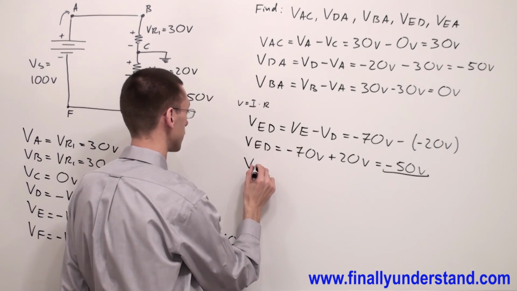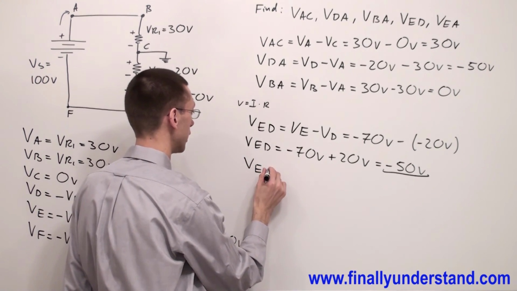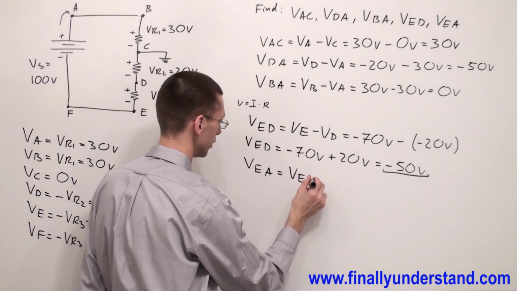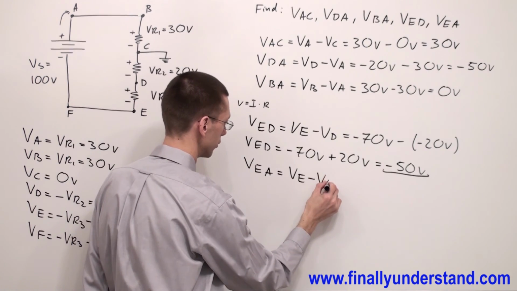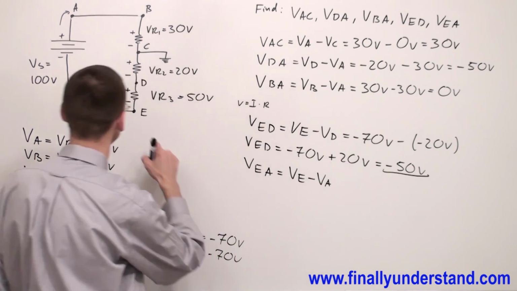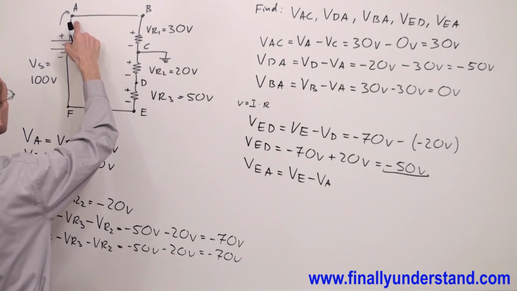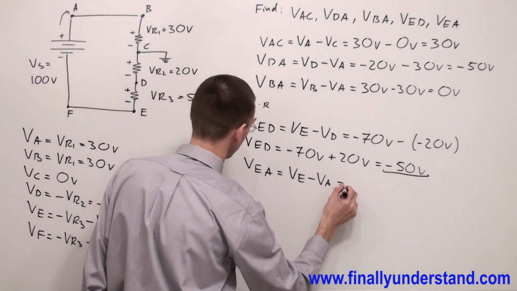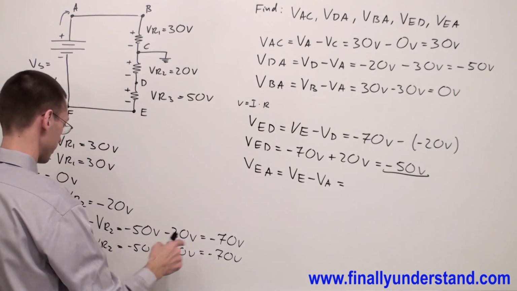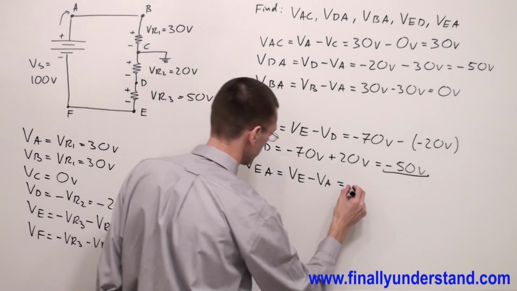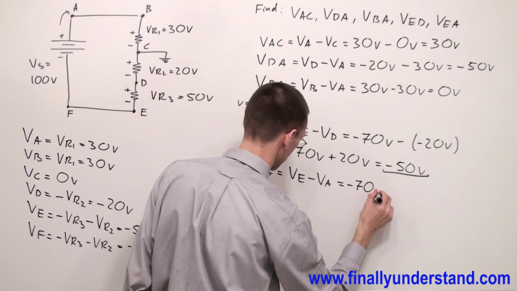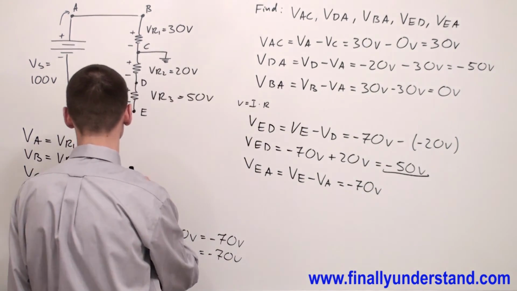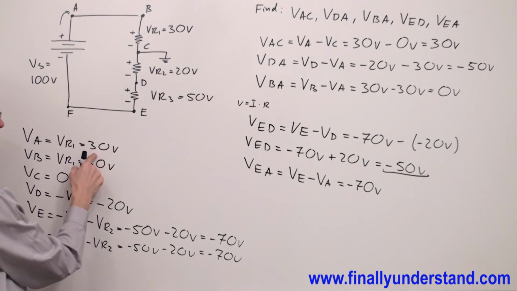VEA is nothing else but VE minus VA. VE is minus 70 volts. VA is 30 volts.